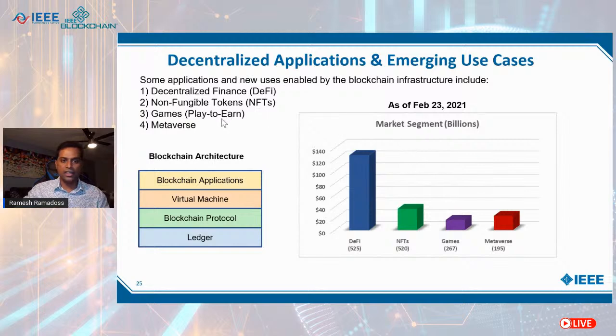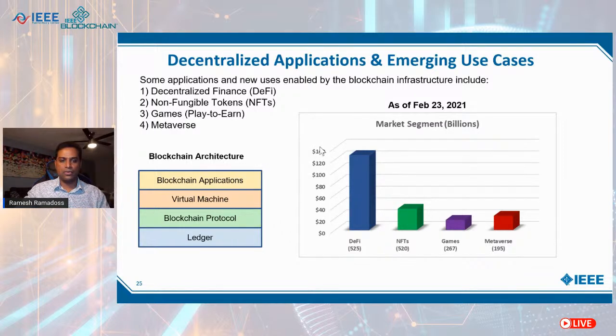And here's a list of some of the examples, like we already talked about on the evolution slide: decentralized finance, and non-fungible tokens, which can be used to represent art or music. There are games, and there are metaverses. They're all built on top of these blockchain infrastructures.